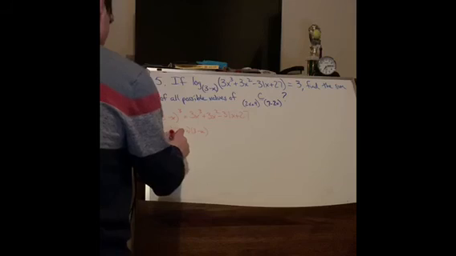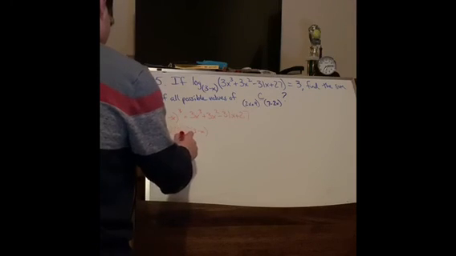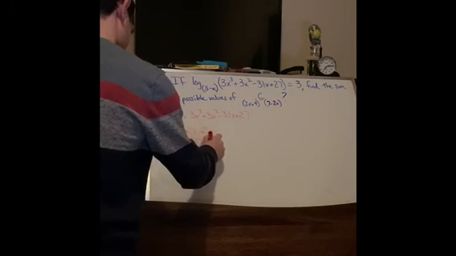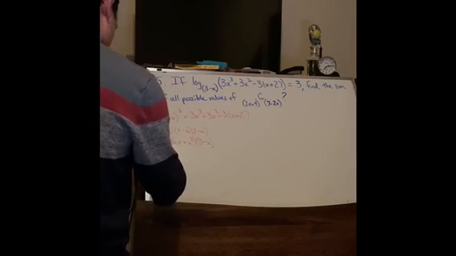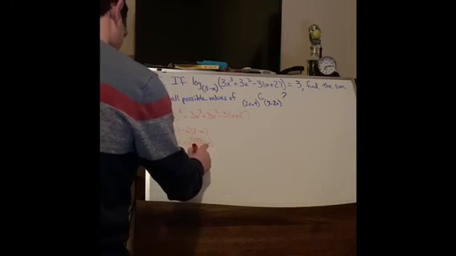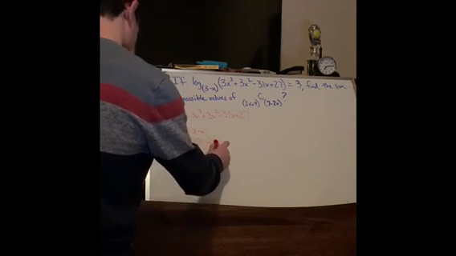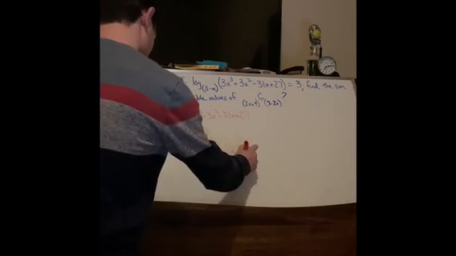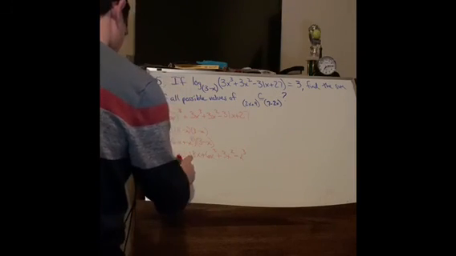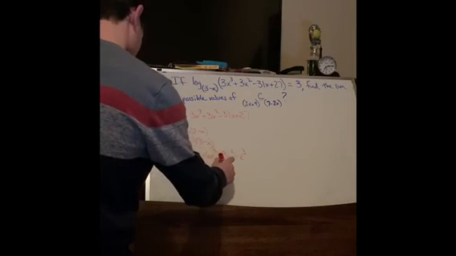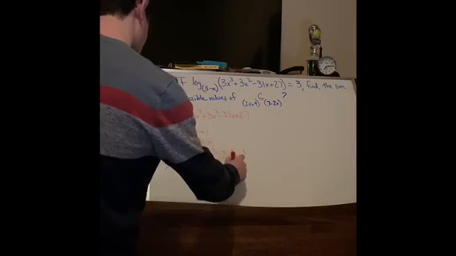You get 9 minus 6x plus x squared, times 3 minus x: 27 minus 9x, minus 18x plus 6x squared, plus 3x squared, minus x cubed. So we get negative x cubed plus 9x squared minus 27x plus 27.